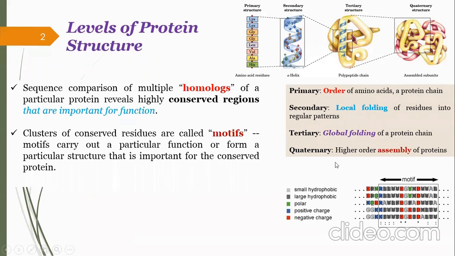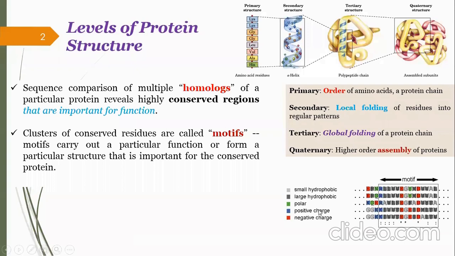And you can see here in this alignment, different sequences have been aligned together, and this boxed region is called a motif because it is conserved. If you can see this gray color, that is a small hydrophobic amino acid.